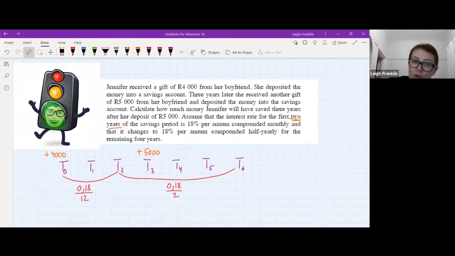So first it's going to earn interest at the interest rate of 18% per annum compounded monthly. And then it's going to earn interest at 18% per annum compounded half yearly. And then with the added 5,000, we have to add the 5,000 that's going to earn interest at a rate of 0.18% per annum compounded half yearly.